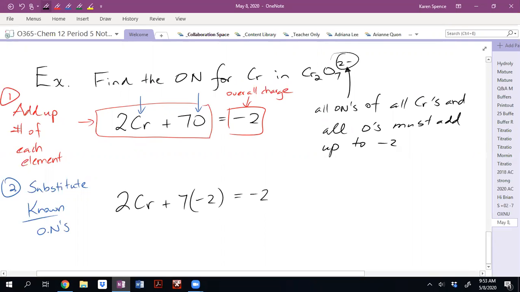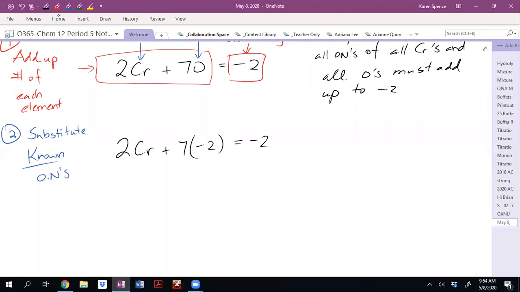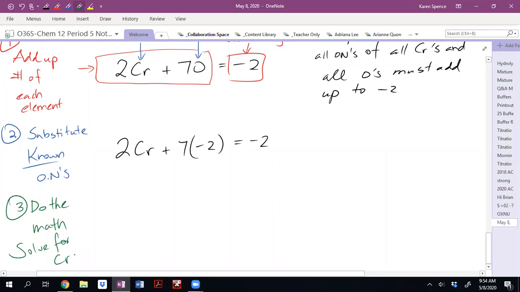And now at this point, we just do the math. So step 3, do the math, and you're going to solve for Cr because we are looking for the oxidation number of chromium in this case.